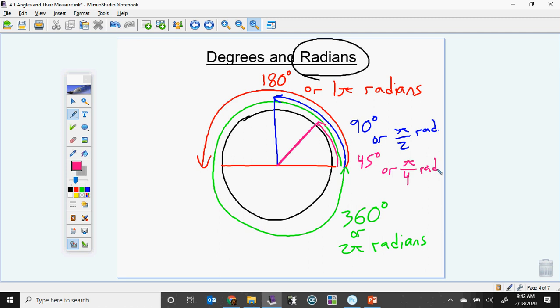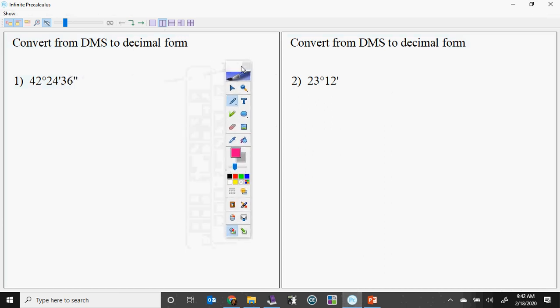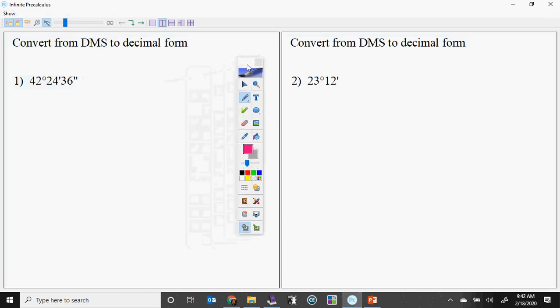All right. Now, we're going to use that in just a second, but I'm actually going to backtrack just a bit to using just degrees and a different system. We have this thing called DMS, okay?